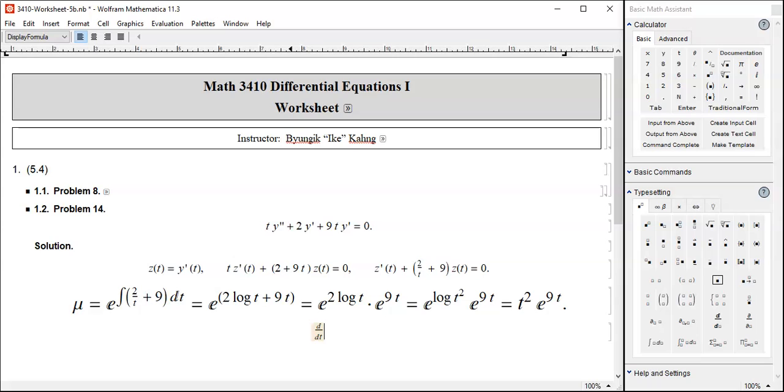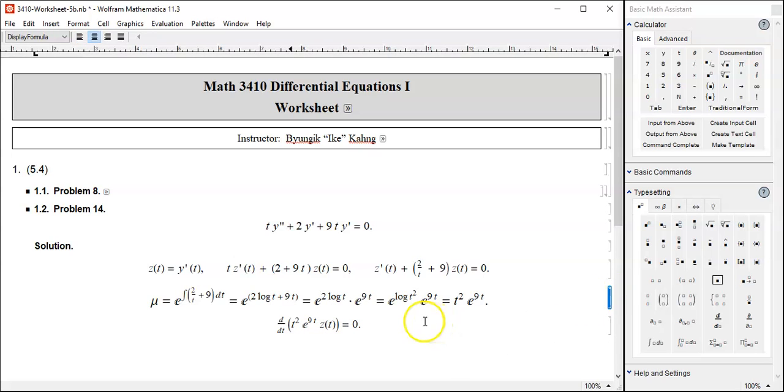The derivative of this integrating factor, t squared e to the 9t times z of t, is equal to this integrating factor times the right hand side, which is 0. So we have 0. So we have this equation here, and I don't need this large, so let me go back to the smaller font, and we can find the inside by taking the antiderivative.